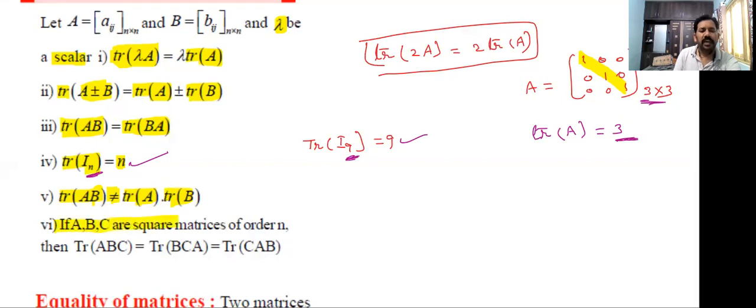If A, B, C are square matrices of order n, remember it: trace of ABC is equal to trace of BCA is equal to trace of CAB. After multiplying the three matrices, the trace will be the same.